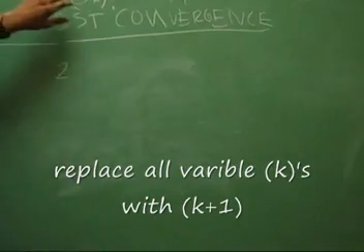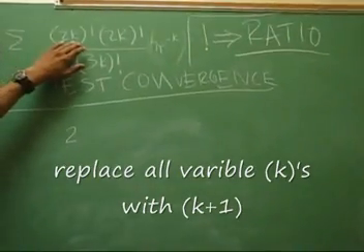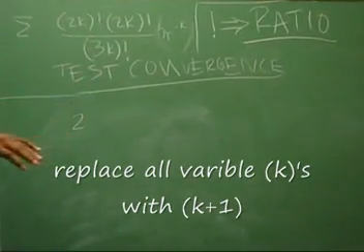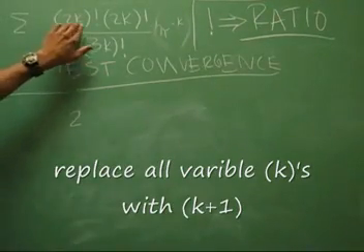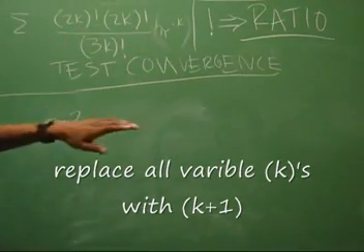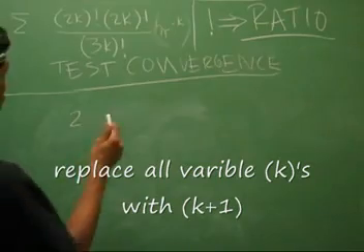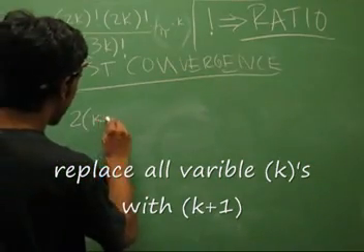One thing you want to notice is that I will be replacing the k with k plus 1 instead of just writing k plus 1. Because if you just write k plus 1, this will be 2k plus 1, which is actually wrong. It's 2k plus 2, because the way you would write it is 2 times k plus 1.